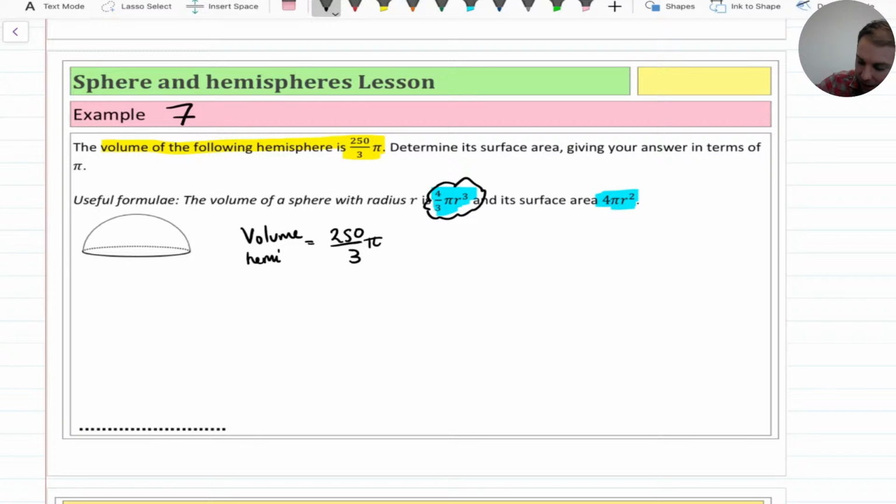So actually, we need to find out what the volume of a full sphere is, which we need to basically double this, okay? So a full sphere is going to be equal to this times by 2, because that was the volume of the hemisphere, which is going to be 500 over 3 pi. So times by 2 there.